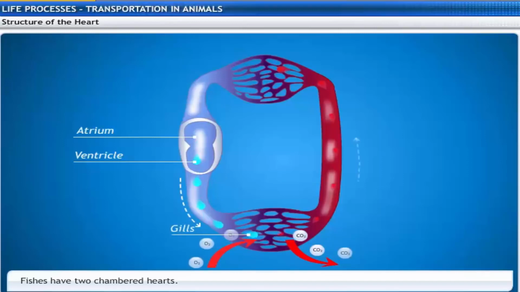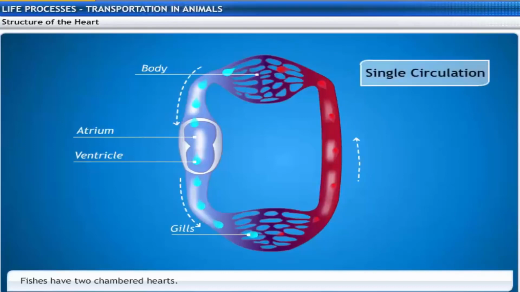The oxygenated blood then passes to the rest of the body and eventually returns to the atrium. Thus, blood circulates through the heart only once in the cycle. Therefore, this type of circulation is known as single circulation.